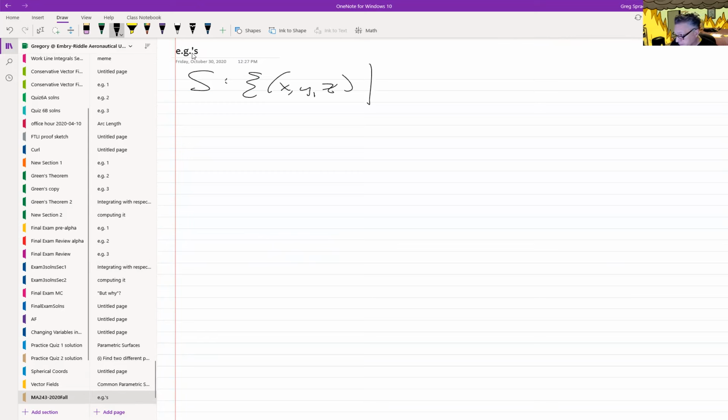So let's take the example where z is x y squared. x is between 0 and 2.